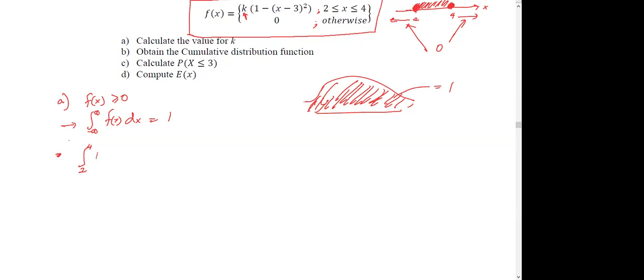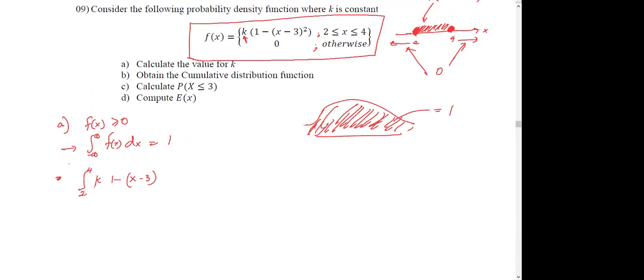So f(x) is k times 1 minus (x minus 3) squared, dx. What is this? It equals 1, using property number 2.